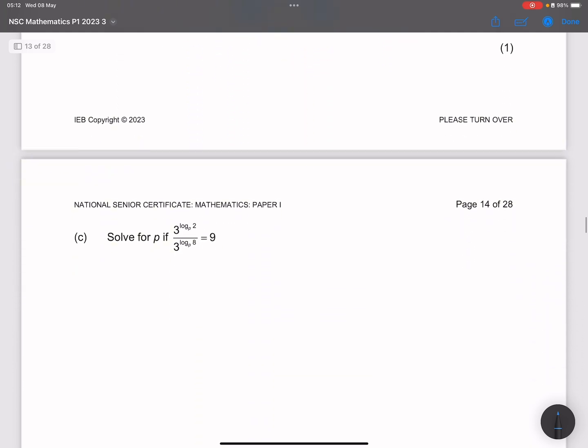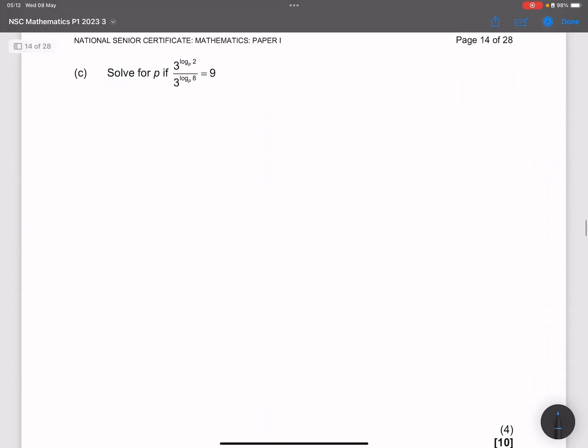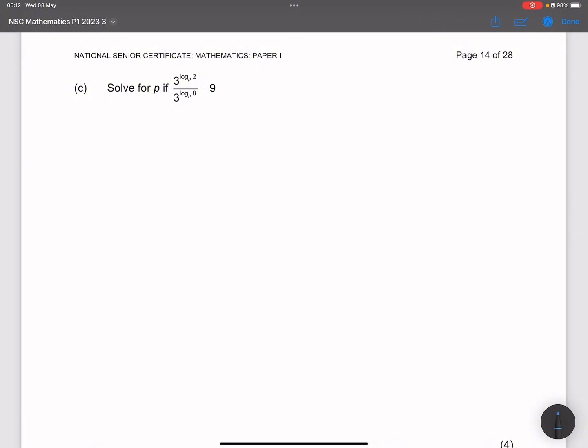Now the next question, they say solve for p, if we've got that. One of my students asked me the other day, so here is the solution. This will be 3 log of p to the 2 divided by, so I'm going to try and represent log 8 in this case as log p.